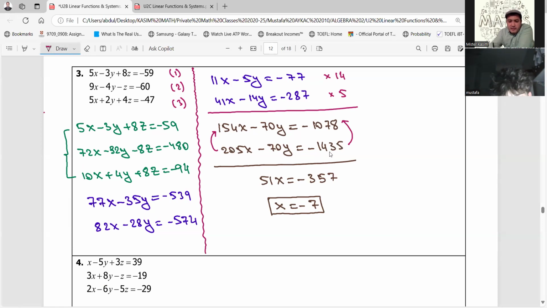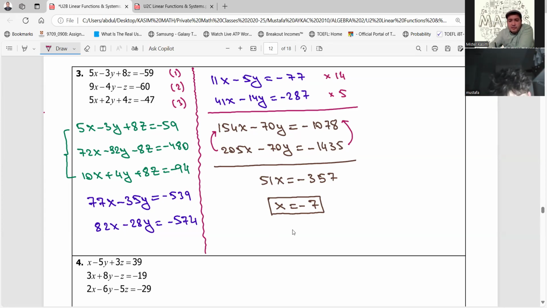So that is negative 1435 minus negative 1078, which is equal to negative 357. Also, you can subtract the second one from the first one; on the left-hand side you will have a negative number, and on the right-hand side a positive number. Okay.